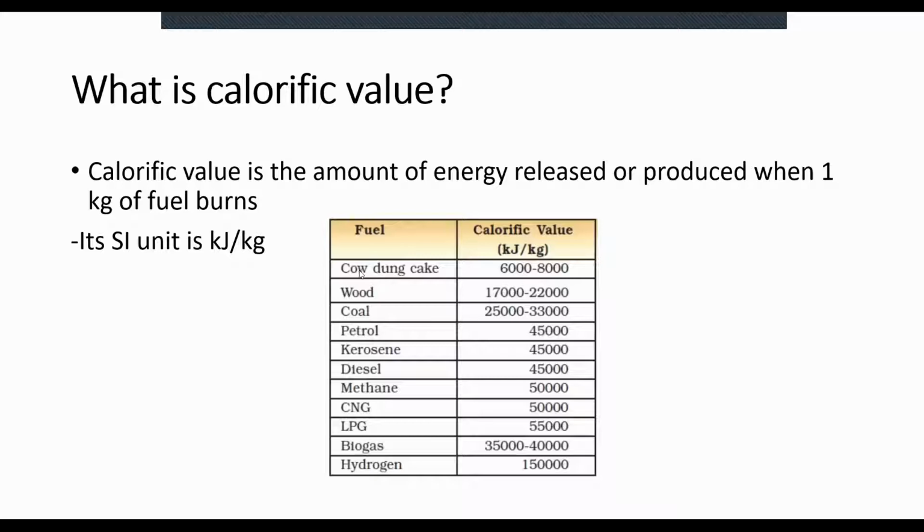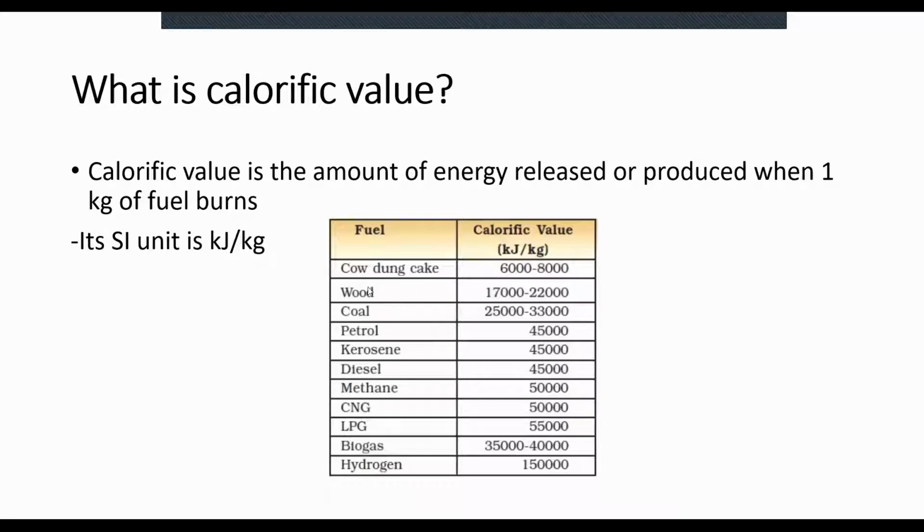Take cow dung cake or wood, coal, petrol. If we burn 1 kilogram of wood, it will produce around 17,000 to 22,000 kilojoule per kilogram.